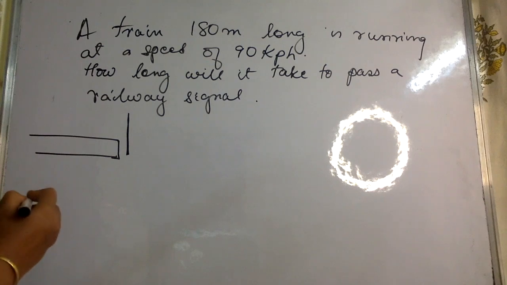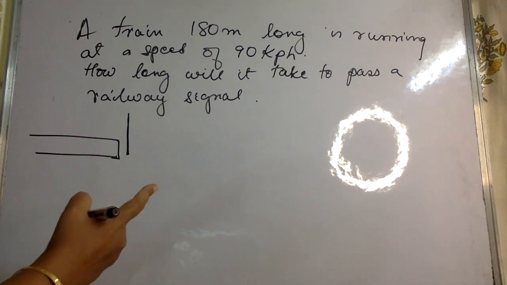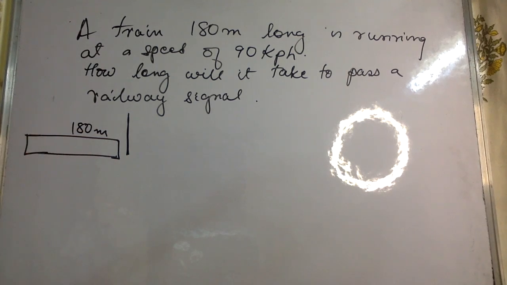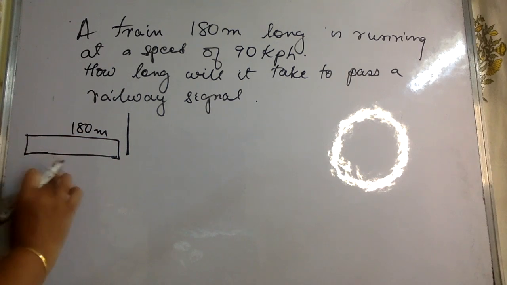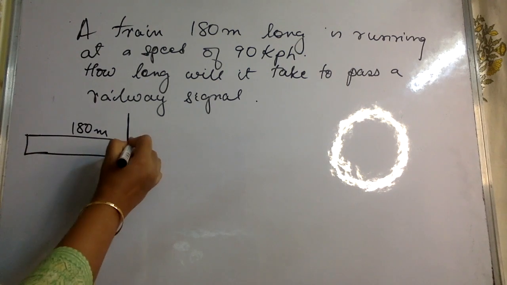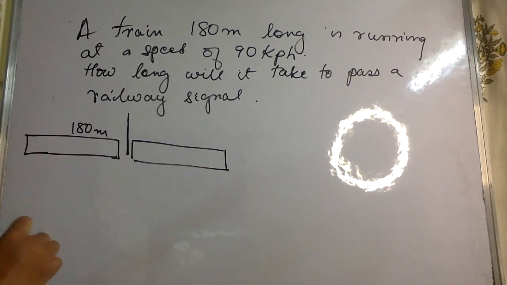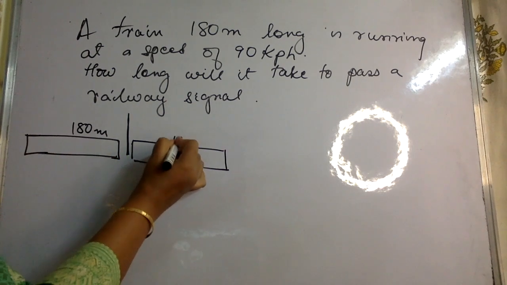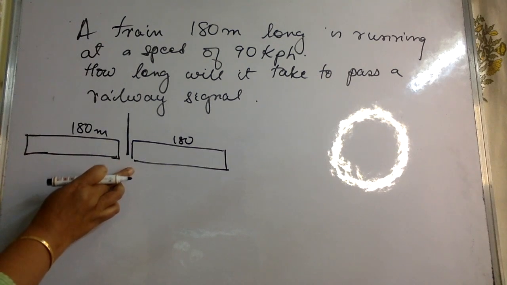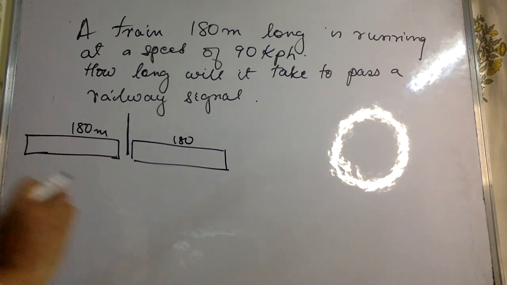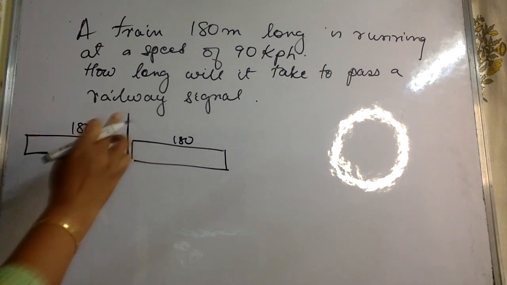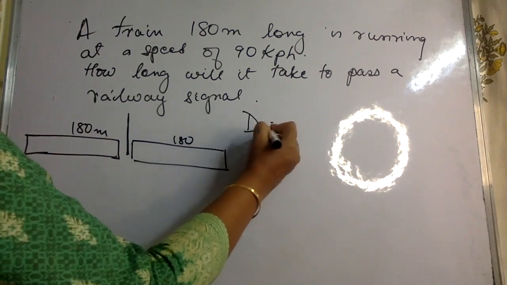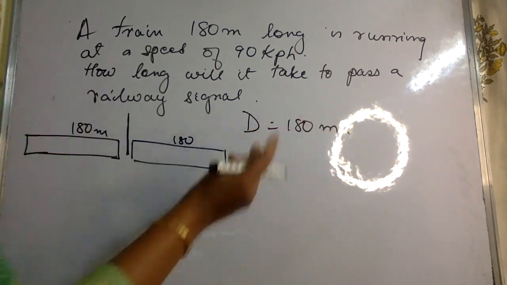When they say the train is 180 meters long, it means the engine has to pull the last coach out of the lamp post. It has to cross the lamp post completely, including the last coach. So how much distance will the engine run to cross the lamp post completely? That distance is the length of the train itself.